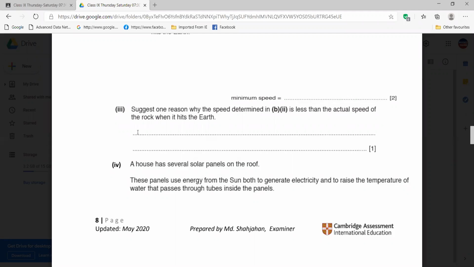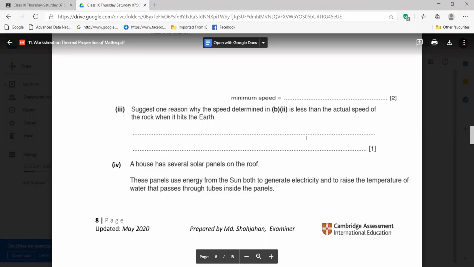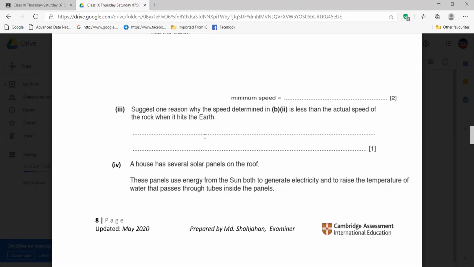So the main thing is some energy is lost in the surroundings. Okay, you can write here. B3, you write here in your copy that there is some heat energy lost in the surroundings. Please write on your copy, otherwise you will forget.